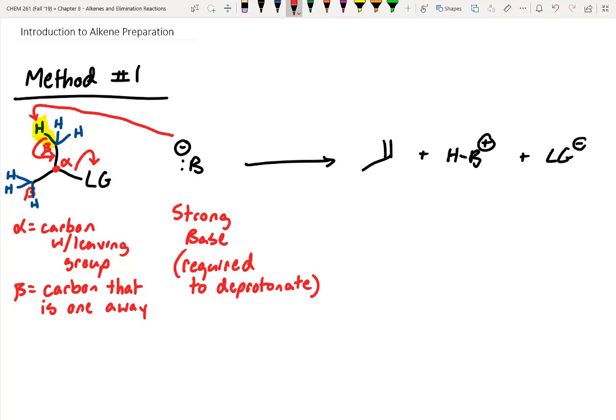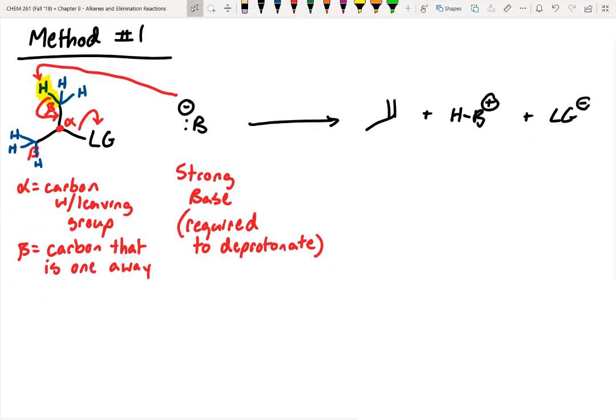All right, let's think about the rate of this reaction. What do you think the rate limiting step is? So try to describe what's rate limiting. Do you think the rate limiting step is the leaving group falling off, or do you think it's the concerted deprotonation and leaving group falling off? It's the whole thing happening at once, right?